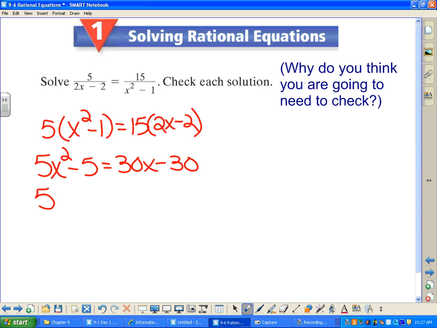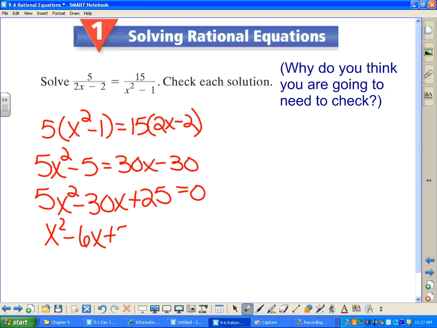So let's see, it would be 5x squared minus 30x plus 25 is equal to 0. And what could you do from there? Divide by 5, right? So we would have x squared minus 6x plus 5 is equal to 0. Does it factor?